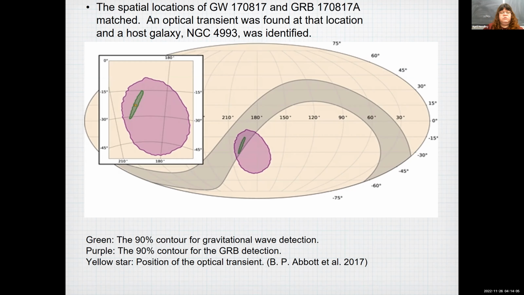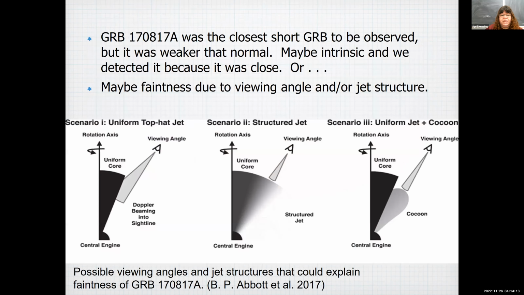Okay. One thing about this gamma ray burst that was associated with this gravitational wave was it was the closest burst that had been observed, but it was also weaker than normal, which leads to some questions about what was going on there. Could it be intrinsic and we just happened to detect it because it was close, or could the jet have some structure and it depends on our viewing angle?